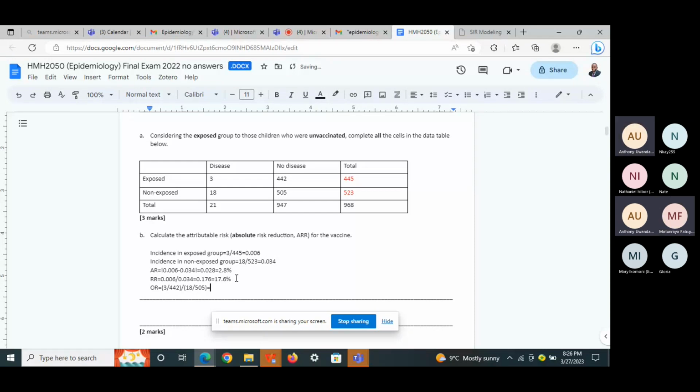So that will give us what? Okay, hold on a second. 3 over 442 divided by 18 over 505. What's the answer? 0.1904.